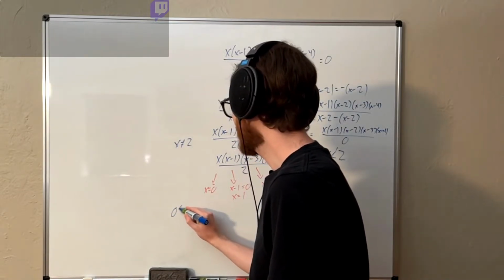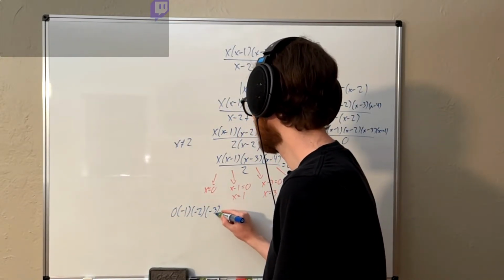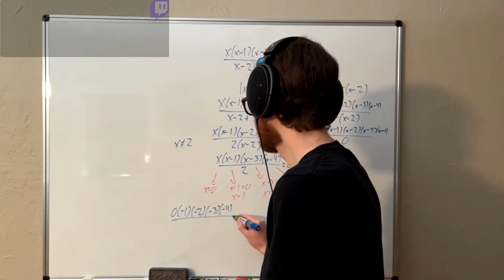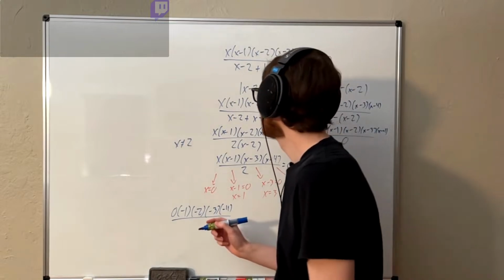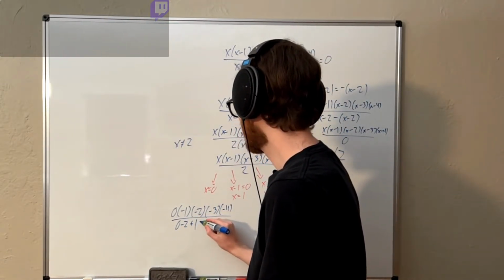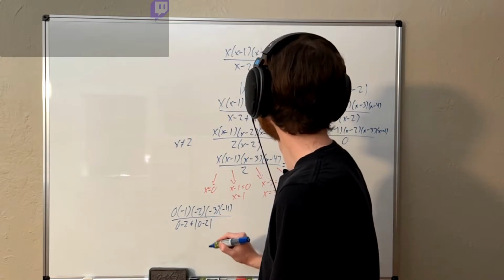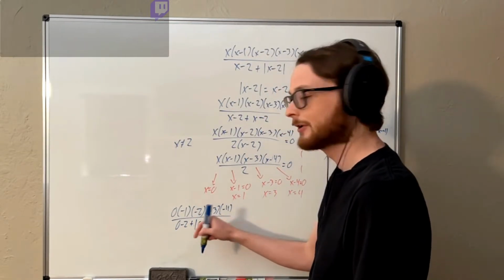So we get, and the top isn't that important, 0 times -1 times -2 times -3 times -4. The bottom's what we're more concerned about because we don't want to divide by 0 accidentally. So we get 0 minus 2 plus the absolute value of 0 minus 2. Oh, and see, we are going to get issues here when x equals 0.